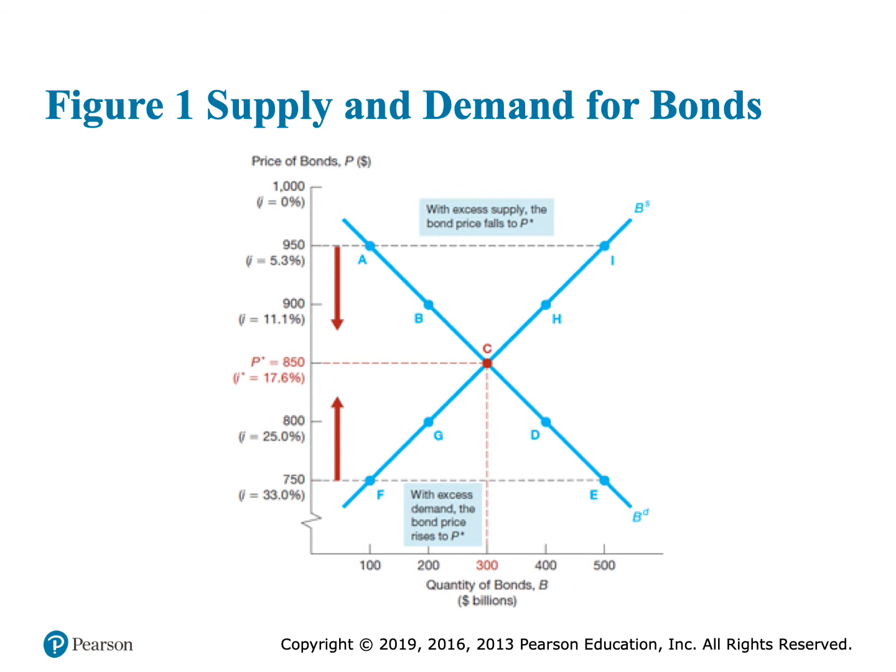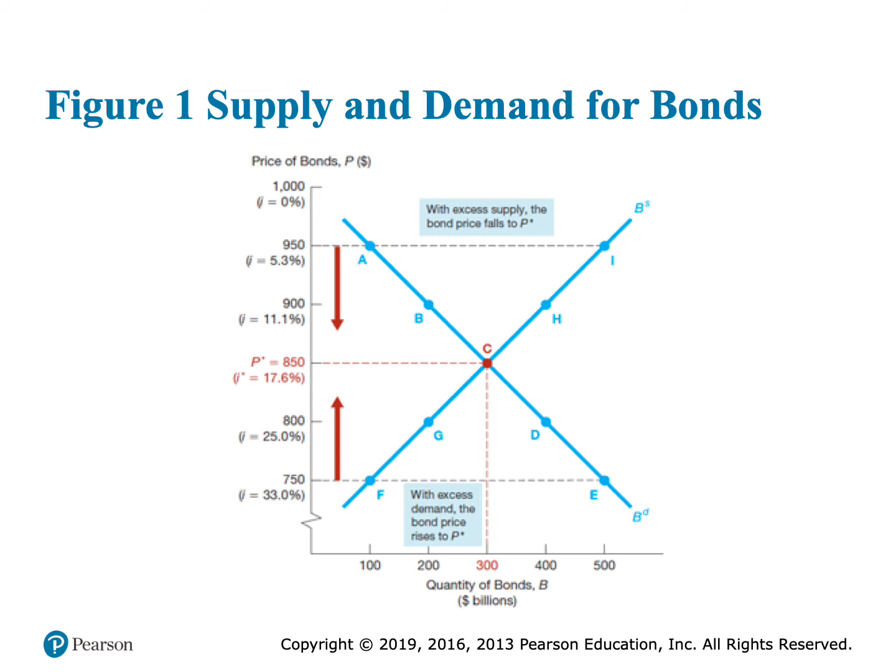Now, we could do just the opposite analysis for a bond market that was in a state of shortage or excess demand, such as at a price of 750. You can see at a price of 750, interest rates are very high, so bond supply is quite low at 100 units at point F. But the very high interest rate is encouraging a tremendous amount of saving, and that's going to happen in the form of purchasing bonds. And so we see 500 units demanded at point E, right?